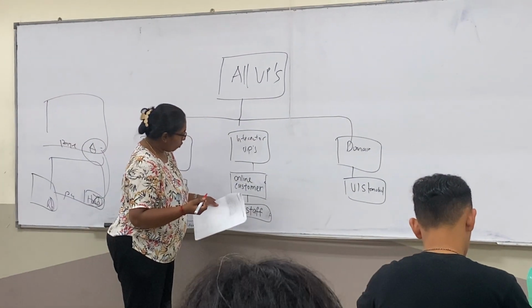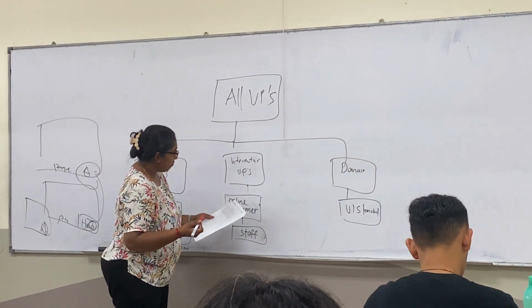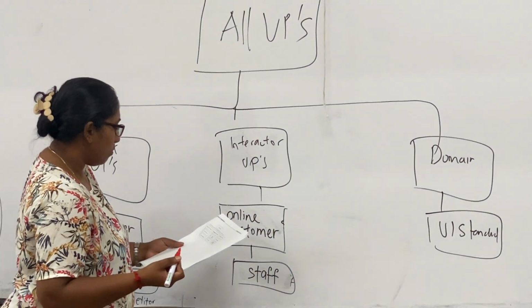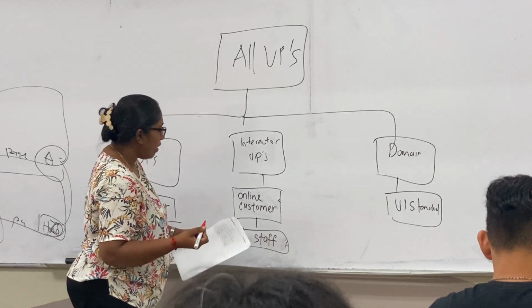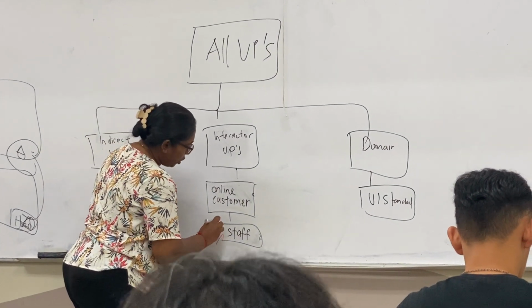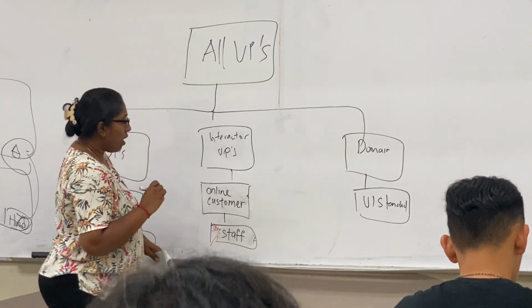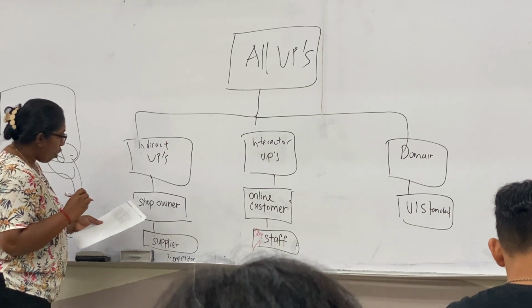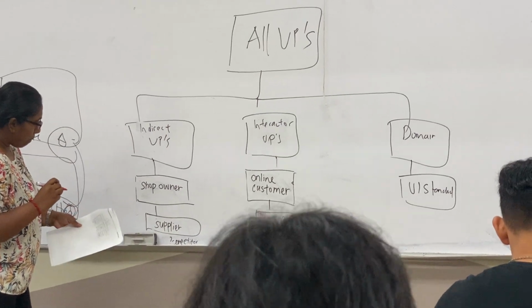So store owner and store interactor. Okay, online customer and staff, you can say store staff. Can mention specifically store staff. Okay. For the indirect, shop owner and suppliers.